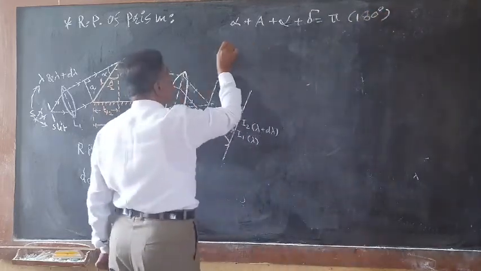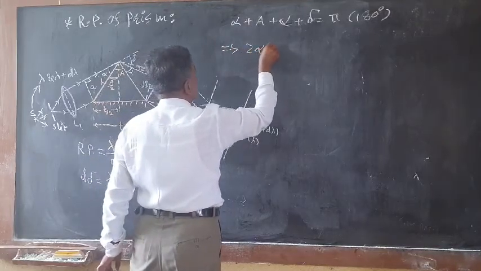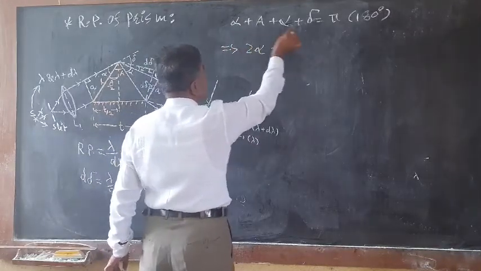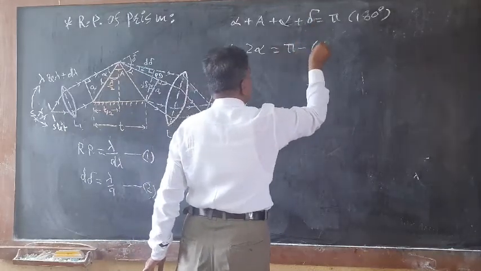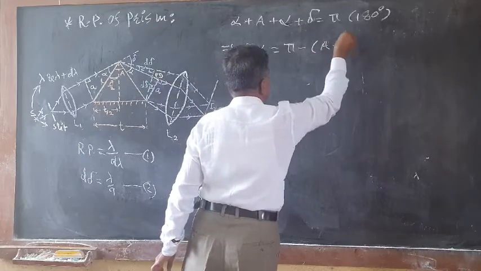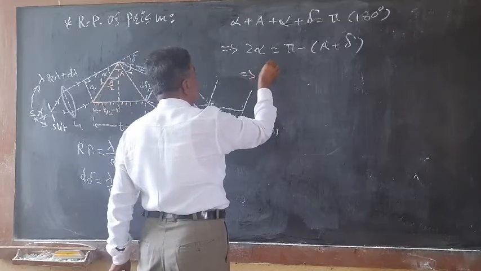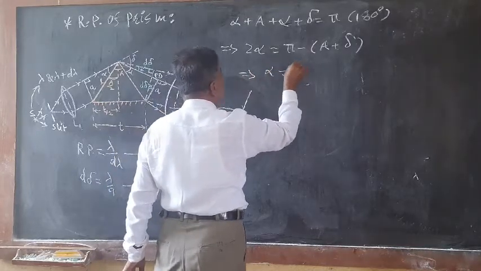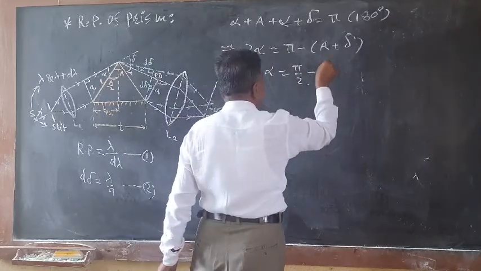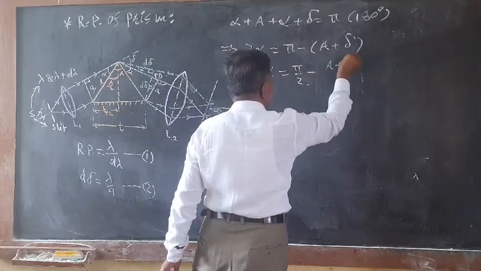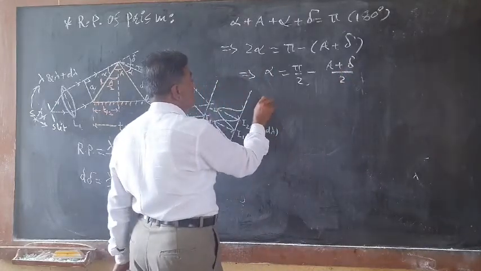Which can be written as 2 alpha is equal to pi minus A plus delta, so alpha is equal to pi by 2 minus (A plus delta) divided by 2. Now we will take the sine of both sides.